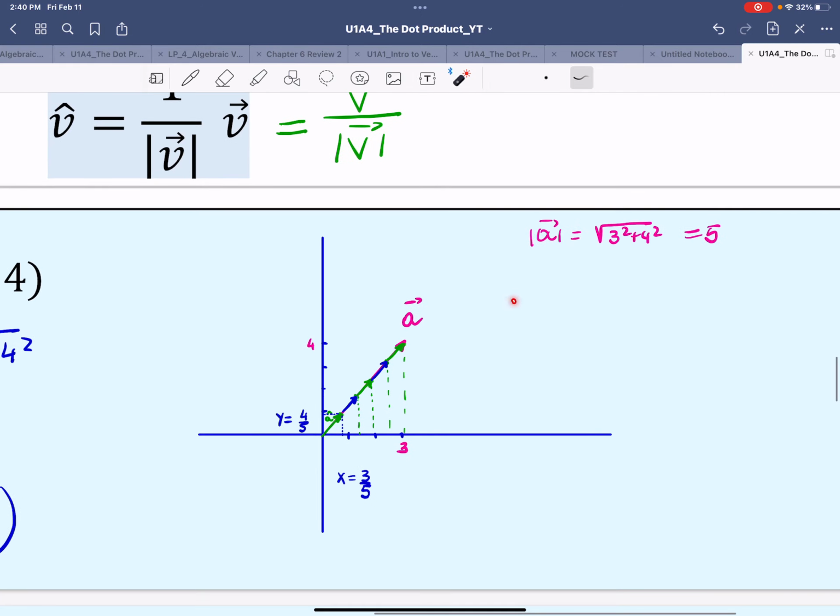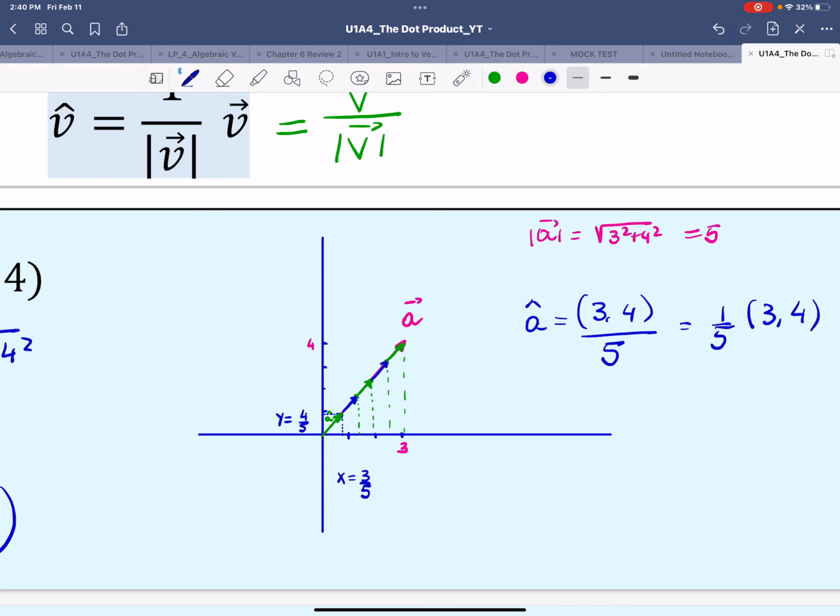So we're going to say unit vector A equals (3, 4) divided by the magnitude, which is 5. So 1/5 of vector (3, 4), which is going to be 3/5 and 4/5. And you can tell that the coordinates here are 3/5 and 4/5, so they're below 1.